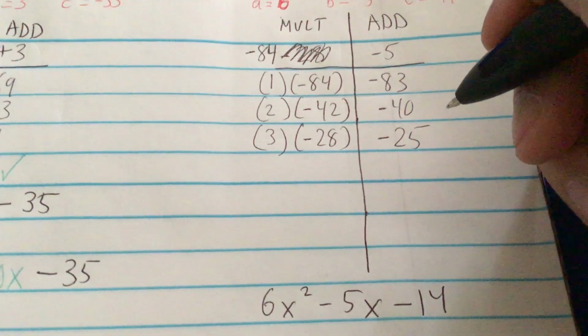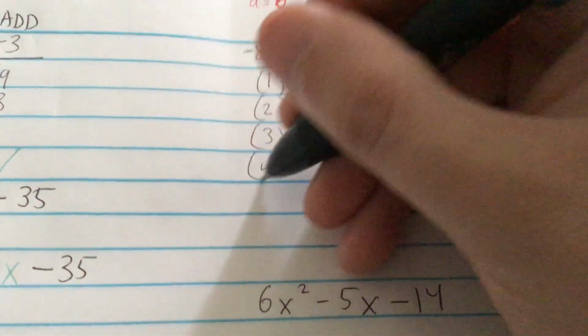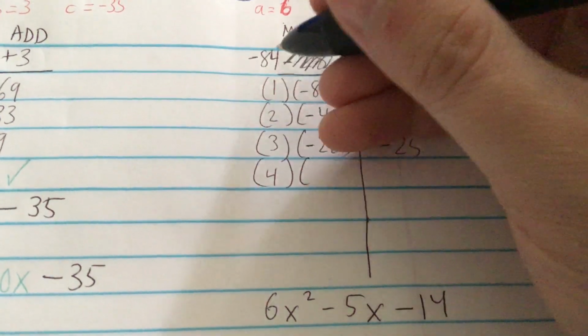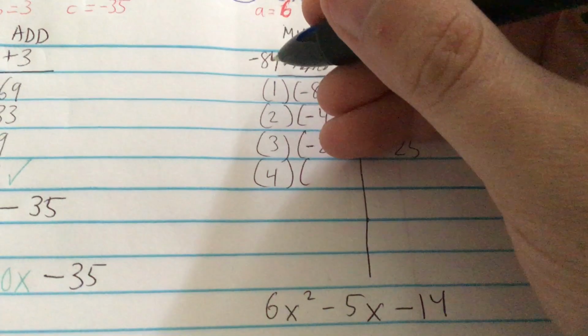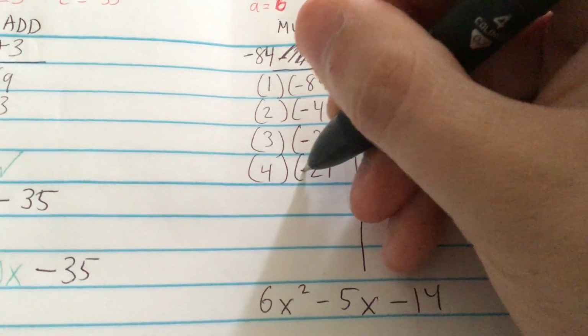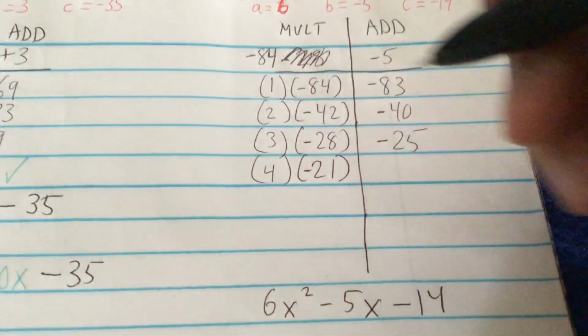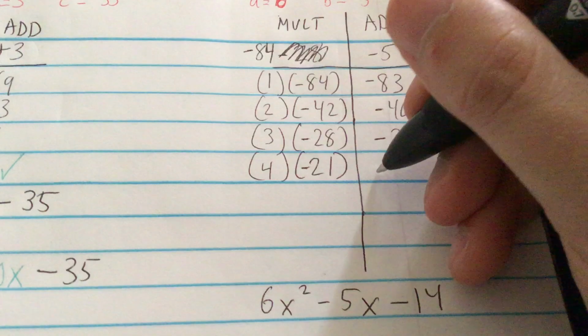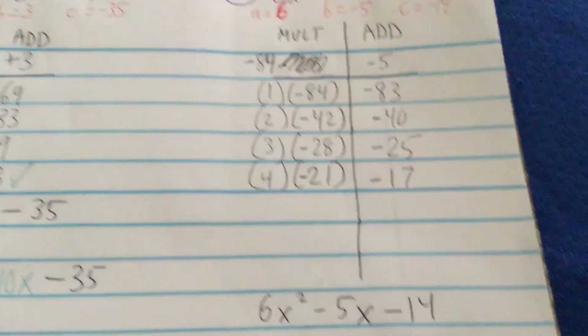Okay. Let's try 4. If 4 goes into 80 20 times, 4 should go into 84 21 times. 4 times negative 21 is negative 84. But 4 plus negative 21 is negative 17.